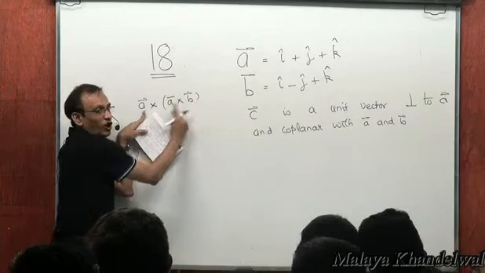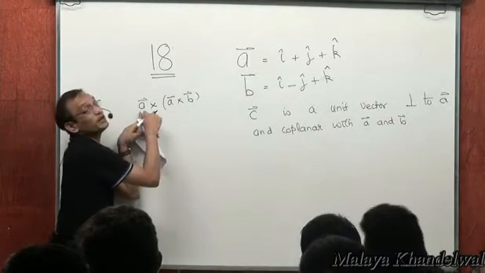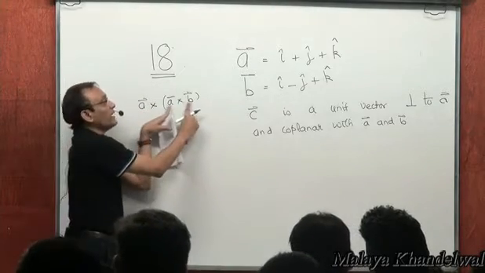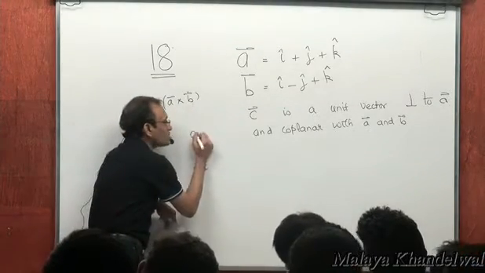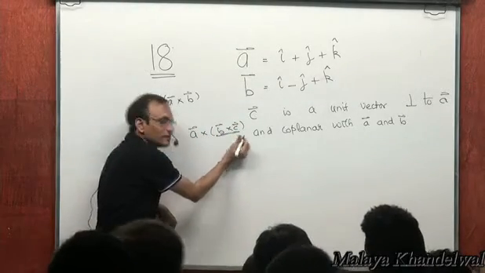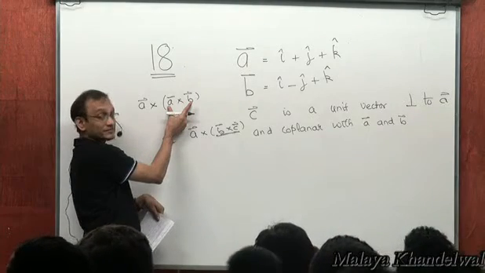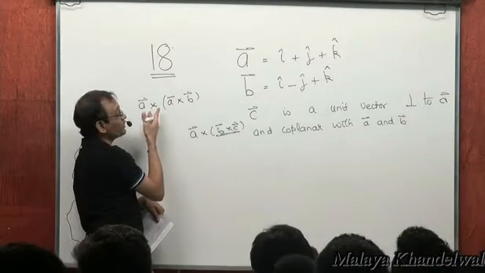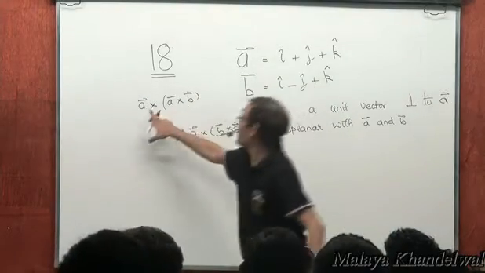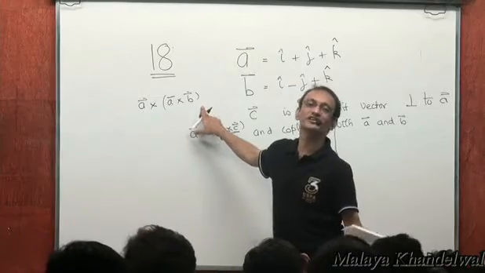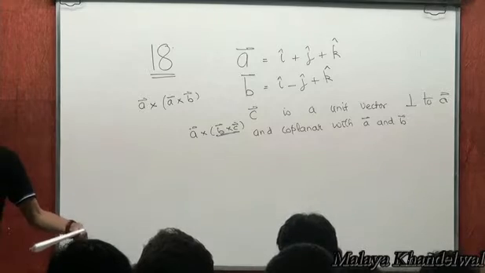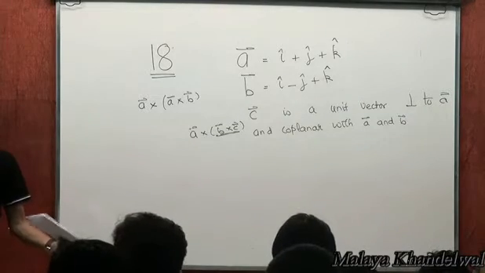So A cross B cross C will always be a vector in the AB plane, but perpendicular to A, yes or no? This is a vector perpendicular to A but lying in the AB plane. So all that you need to do is evaluate this, divide by its magnitude, and it will give you a unit vector perpendicular to A and lying in the AB plane.